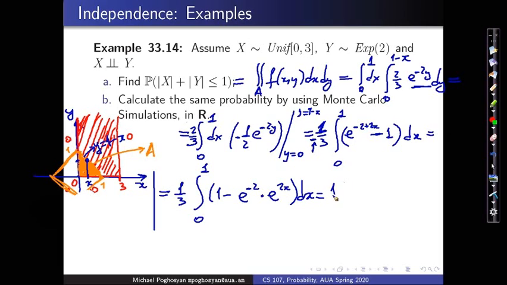So if I calculate separately the integrals, 1 over 3, the integral of 1 is 1 from 0 to 1. So I will have 1 minus, this goes out, e to the minus 2. And I need to write the integral of this. The integral of that will be 1 over 2 times e to 2x. And I need to plug here.